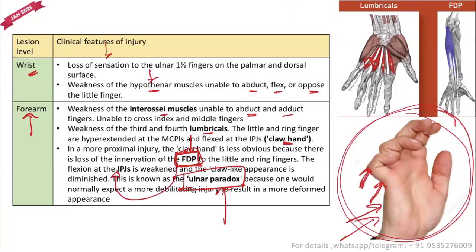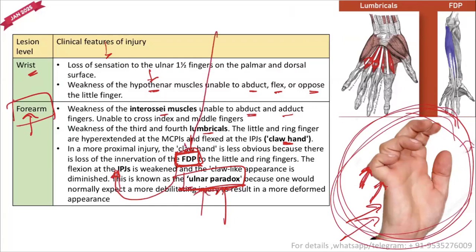So for the flexion you are seeing, the flexor digitorum profundus should be intact. If it is not, the flexion will be lost, and if the flexion is lost, the clawness will be lost. This is known as ulnar paradox. To make it simple, if the injury is more proximal, the clawness will be lost, because of loss of innervation of the flexor digitorum profundus.